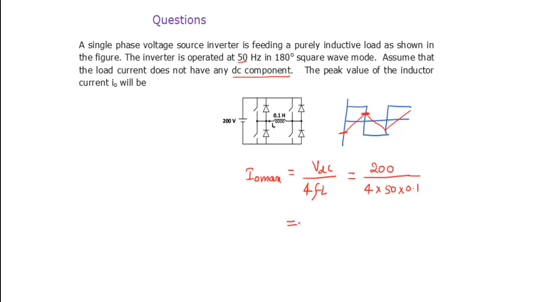So 4 into 50 into 0.1 is 20, and 200 by 20 means 10 ampere. So that's one. Move on to the next question.